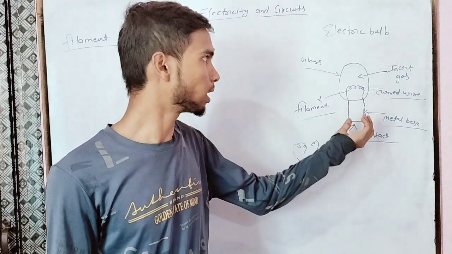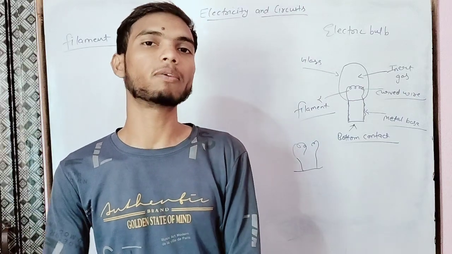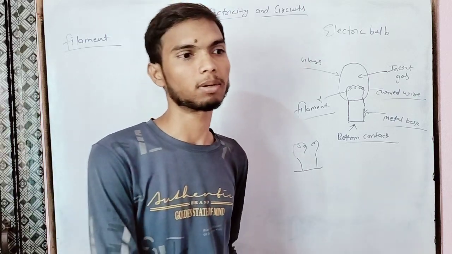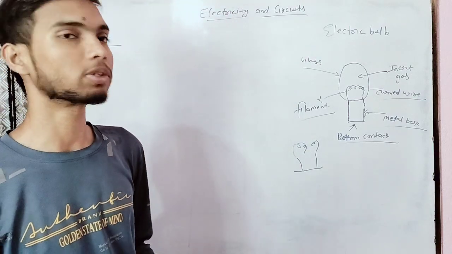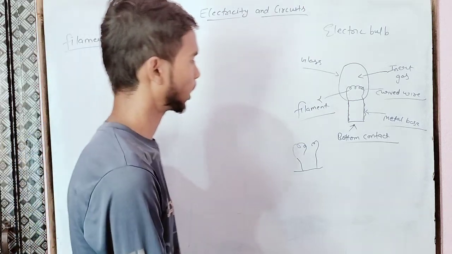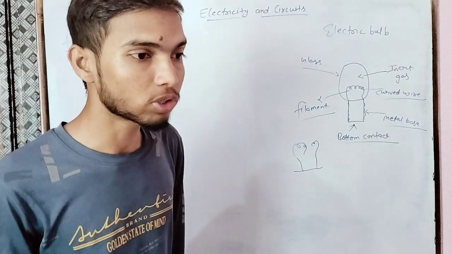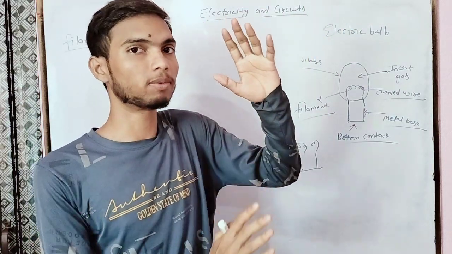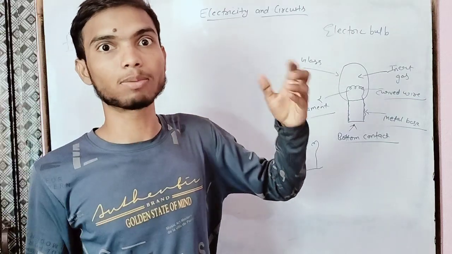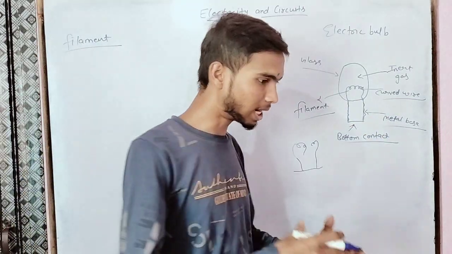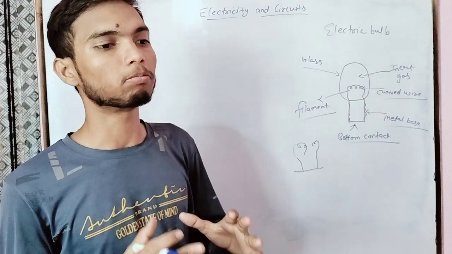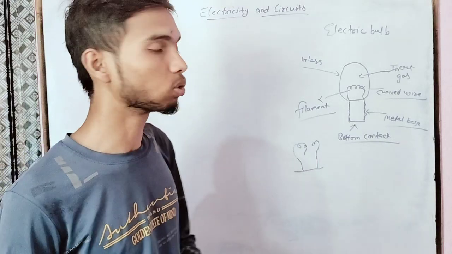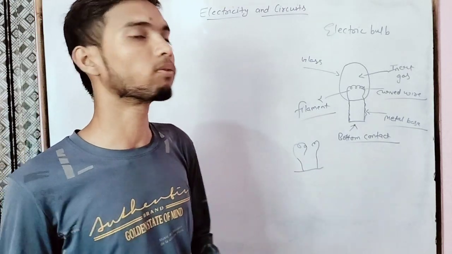If it does not work, then of course the bulb will not glow. Then we can say the name of this bulb is a fused bulb. When we have a fused bulb, we can see that the filament inside is broken. That's why that kind of bulb does not work, because of a broken filament.